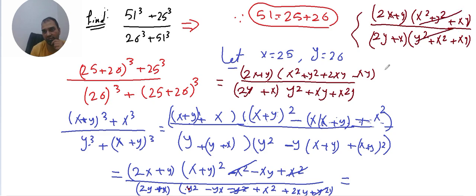This expression you can simplify the same way, so the answer will be 2x plus y over 2y plus x.